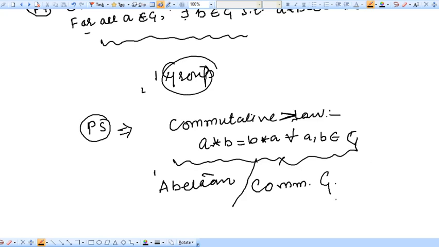So this is all about the definition of the group. Now we are going to illustrate examples of group.